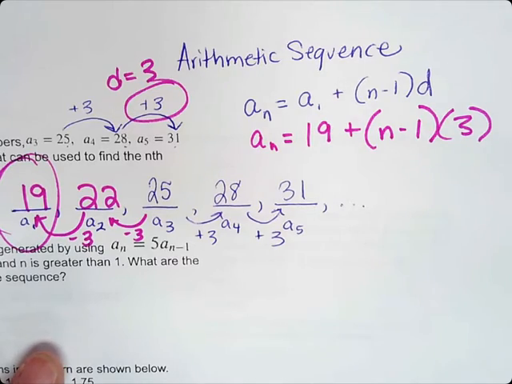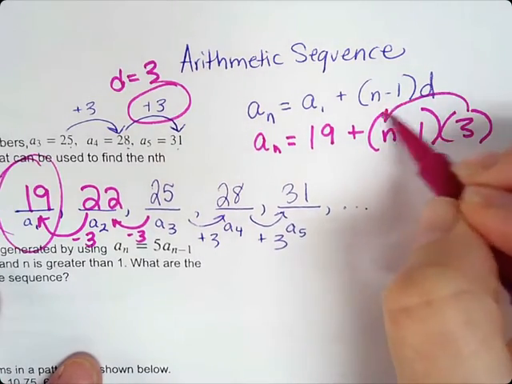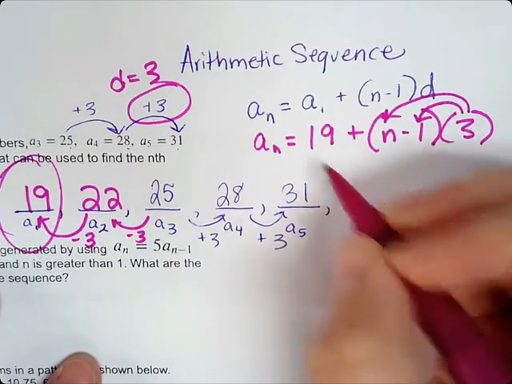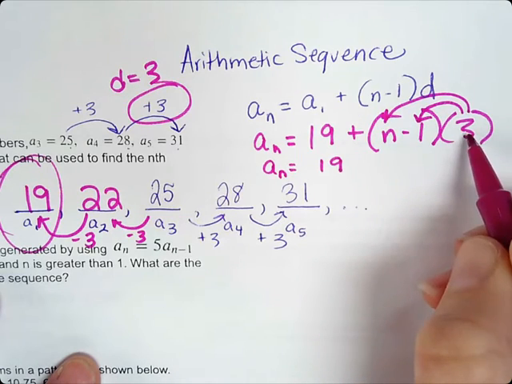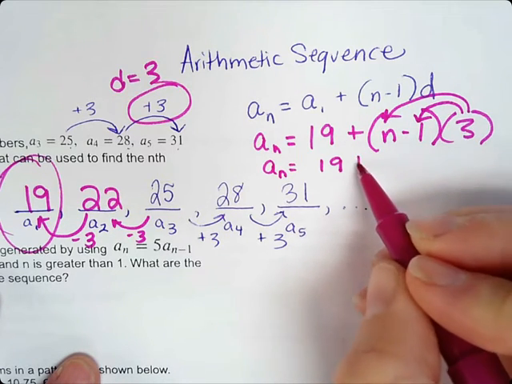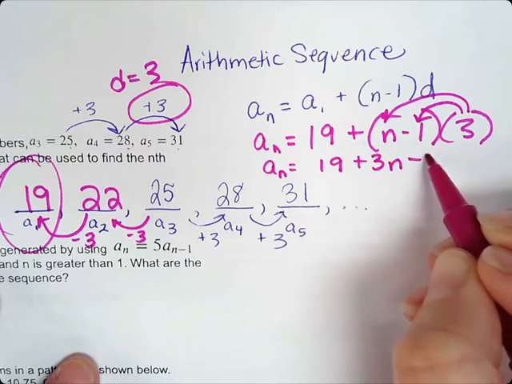This is our rule, but we need to simplify it. So we need to distribute. So An equals 19. 3 times n, we get plus 3n. 3 times a negative 1 is negative 3.